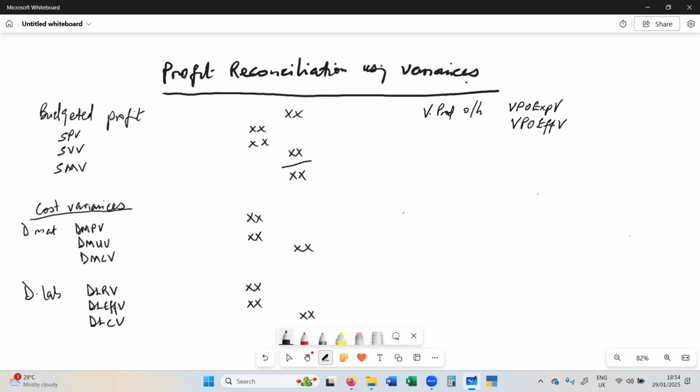And then the variable production overhead cost variance. So you can also have these two, or you net them like this.